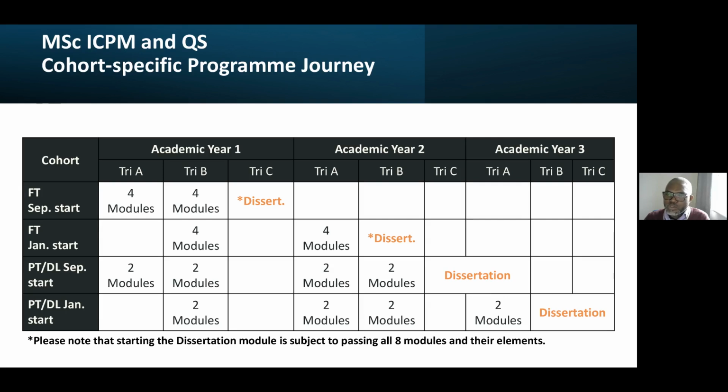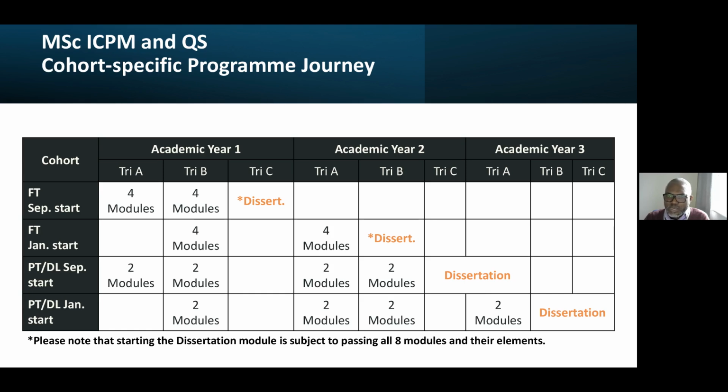So if we solve the very simple maths here, they do 30 credit units per trimester, and over 2 trimesters, the part-time or distance learning students would have completed 60 credit units for the taught modules, and they do 2 trimesters to complete 60 credits as well, which is why they have 2 trimesters to complete their dissertations, because the dissertation is a 60 credit unit module.